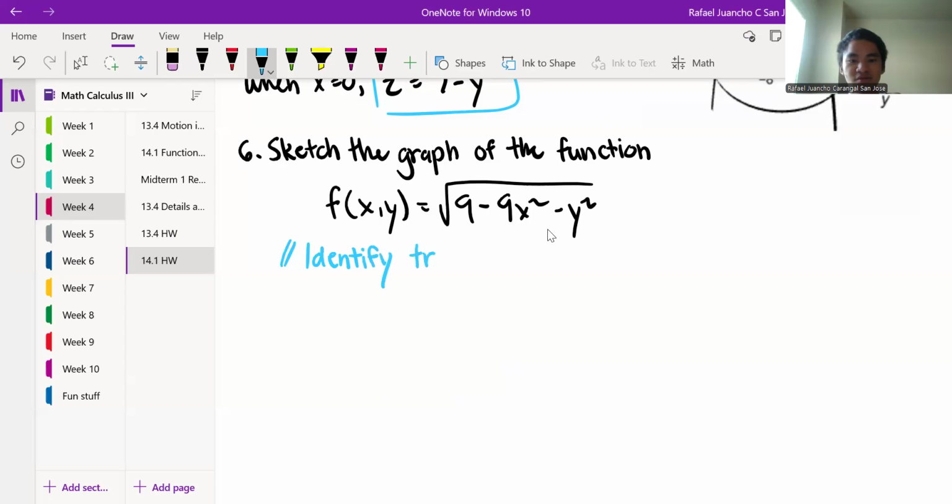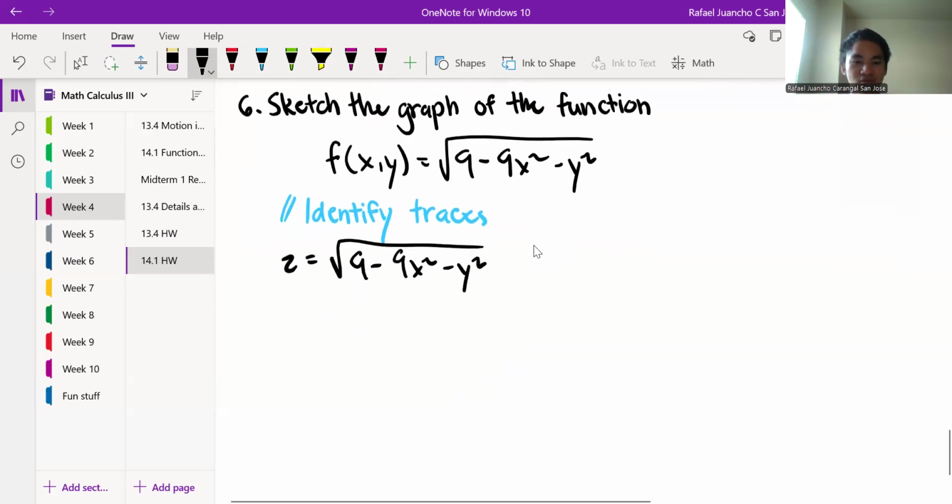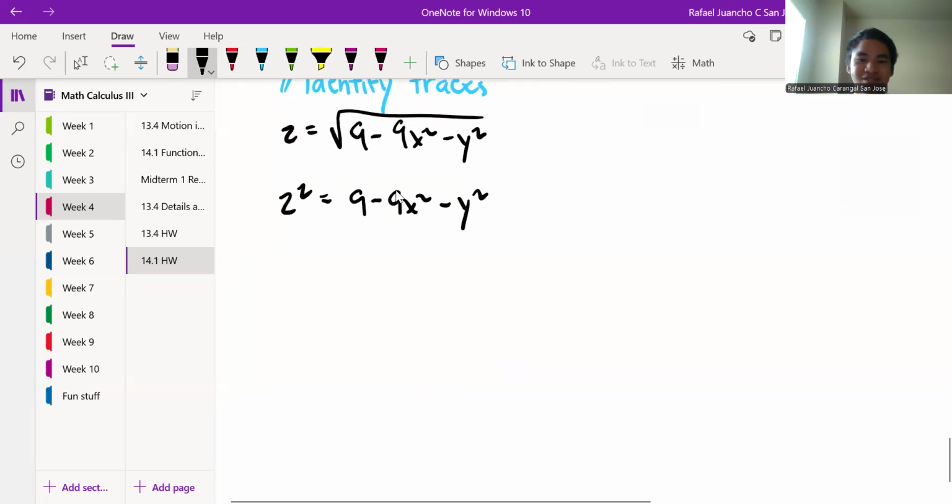So here I identify my traces. So when I take out my z, right? So here I have z equals square root 9 minus 9x squared minus y squared. Oh, I can actually square this thing. So I can say z squared is 9 minus 9x squared minus y squared. That way it looks cleaner. I don't want to deal with square roots. That's basically it.